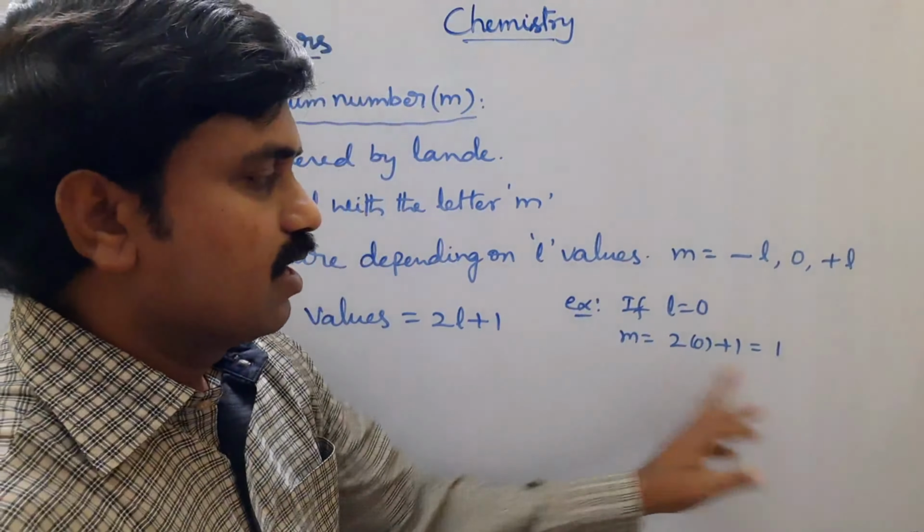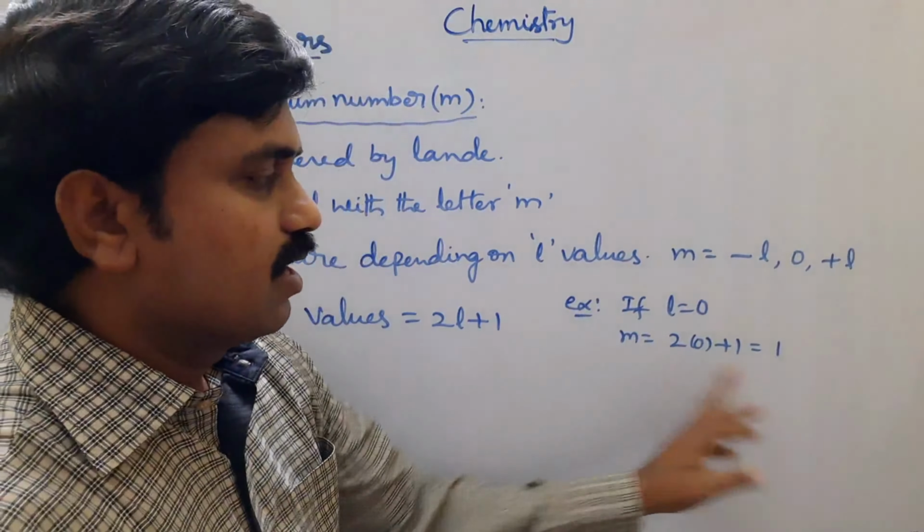If L equal to 1, now substitute: m is equal to 2 into 1 plus 1, equal to 3. 3 values means they are minus 1, 0 and plus 1.